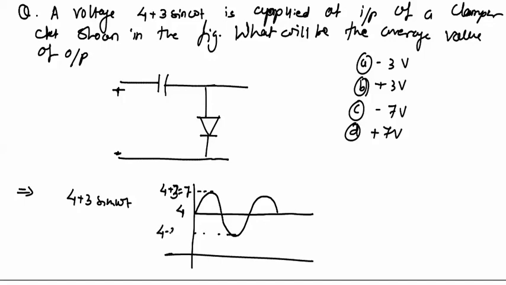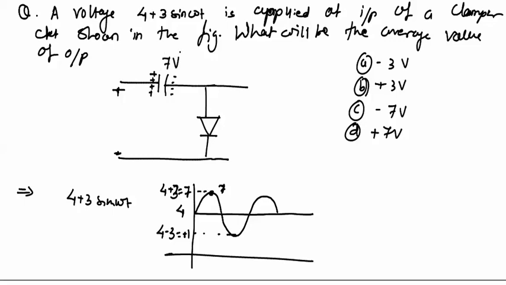This will be 4 minus 3 equal to, sorry, plus 1 volt. So this will be the exact waveform of the input. We can see that the input waveform is going maximum up to 7 volt. If it is going up to 7 volt maximum, this capacitor will be charged with this polarity up to 7 volt.